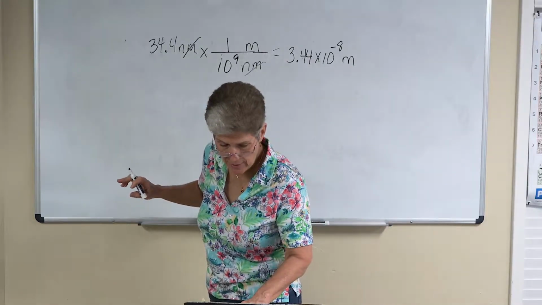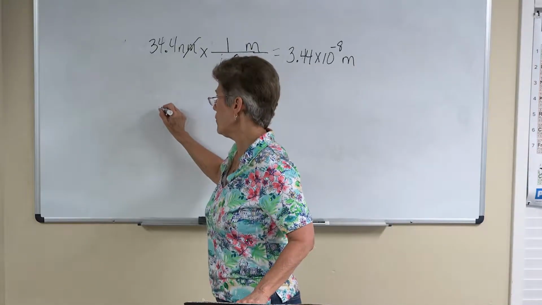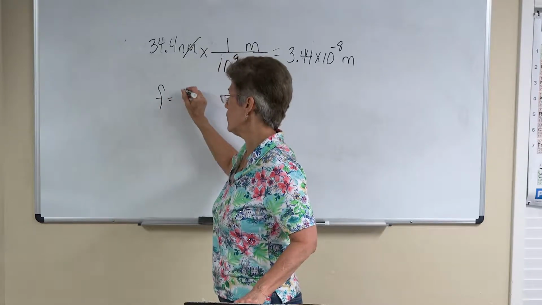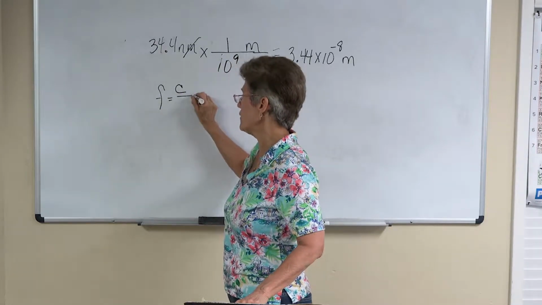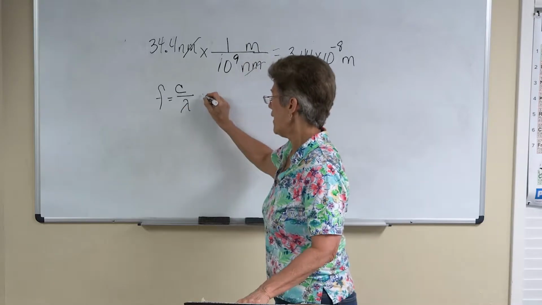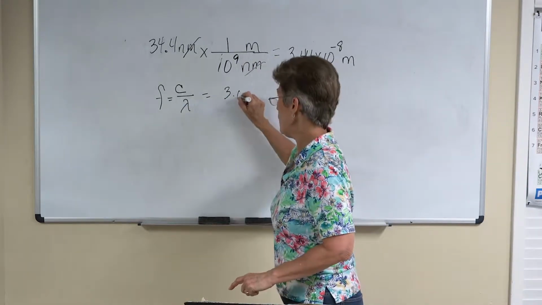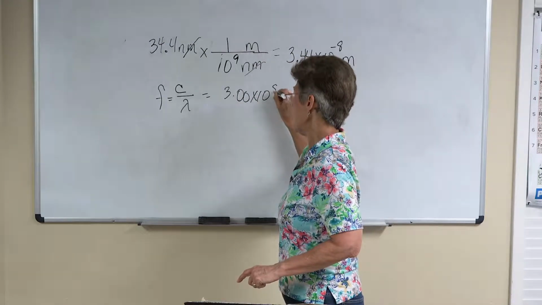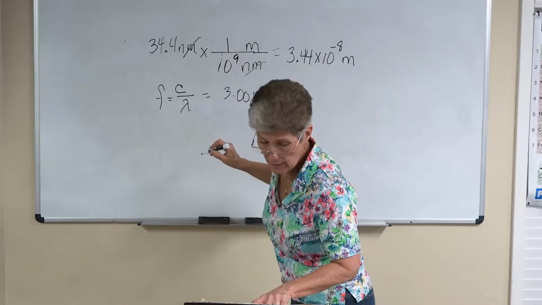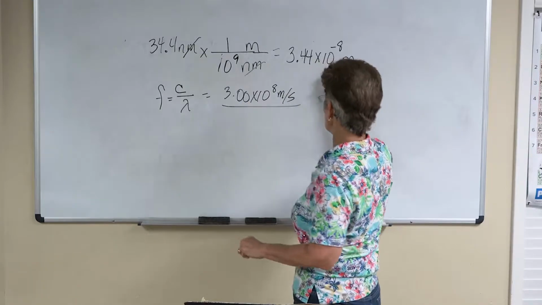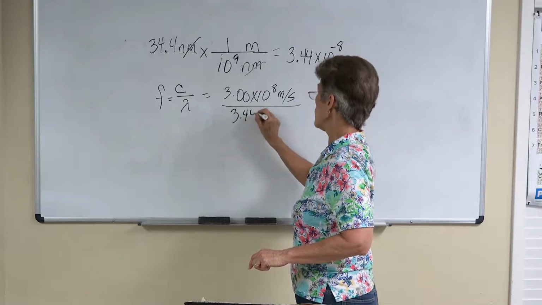And then we're asked, what is its frequency? Well, we know that the frequency equals the speed of light divided by the wavelength. The speed of light is given to us at the top of the page, 3.00 times 10 to the 8th meters per second, divided by the wavelength in meters that we just figured out.